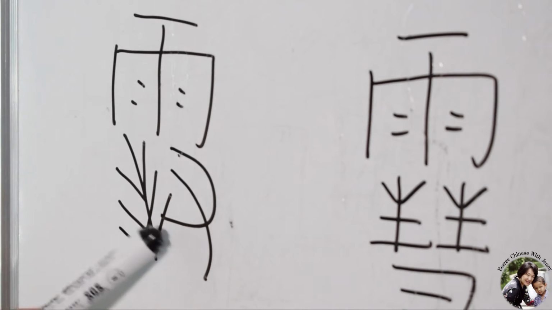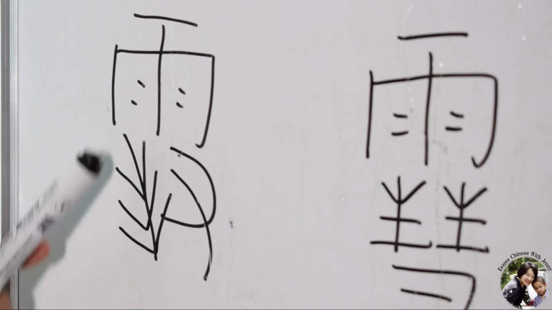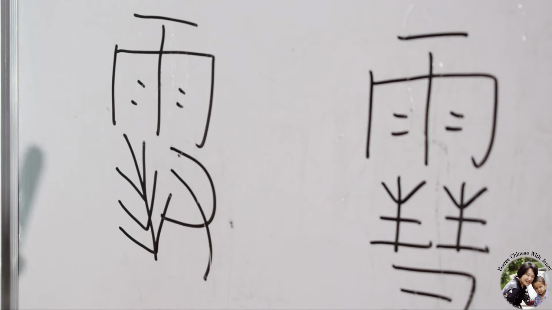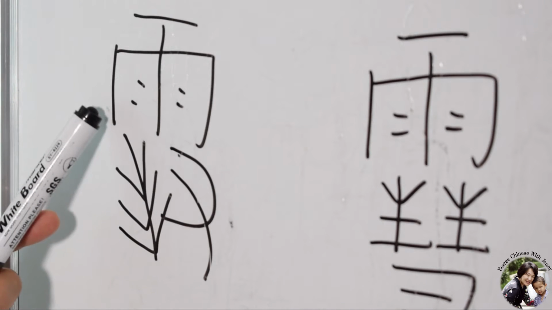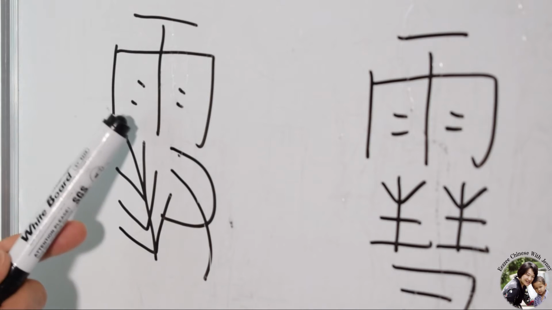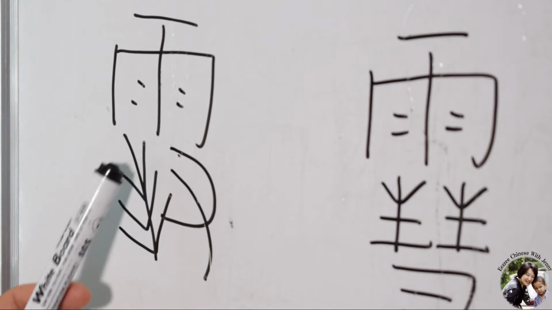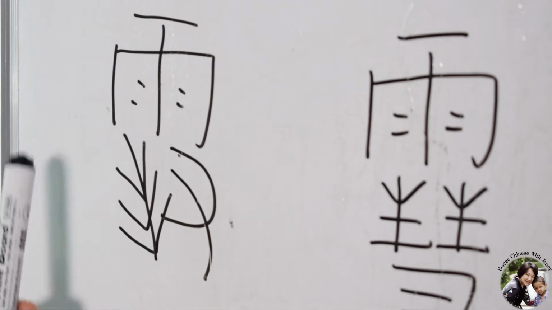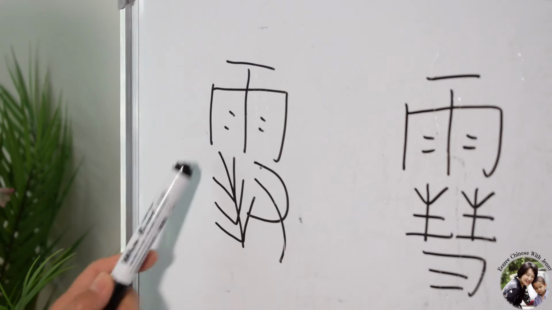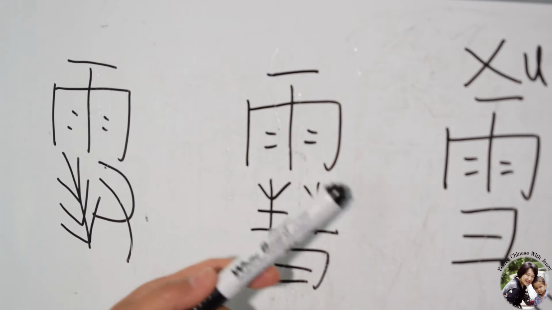And this, remember, is the symbol of a hand, and this is a broom. When you use your hand to hold the broom and get rid of the rain, it is not rain anymore. It is snow. And when it is snowing, you use your broom to sweep away the snow. It evolved in the past like this.